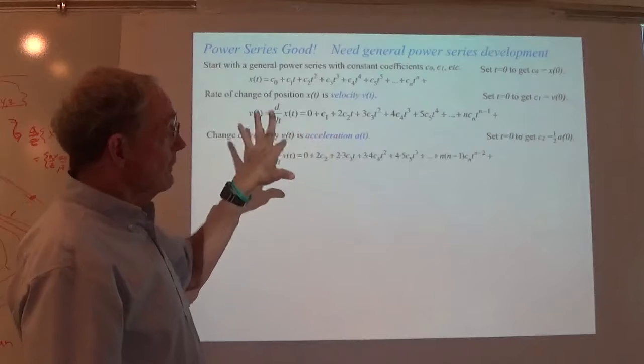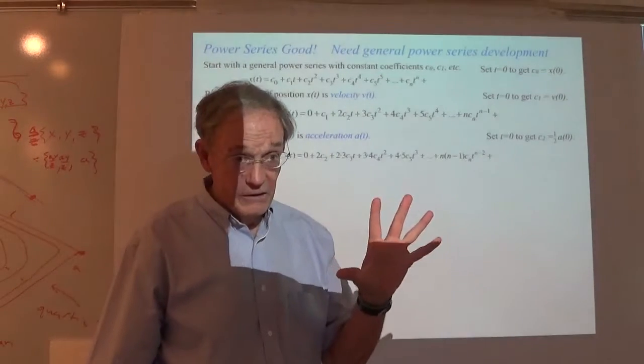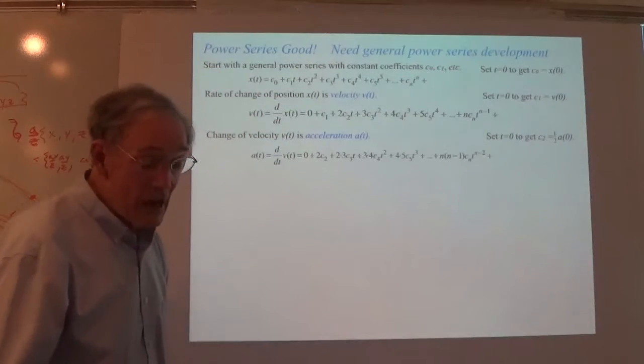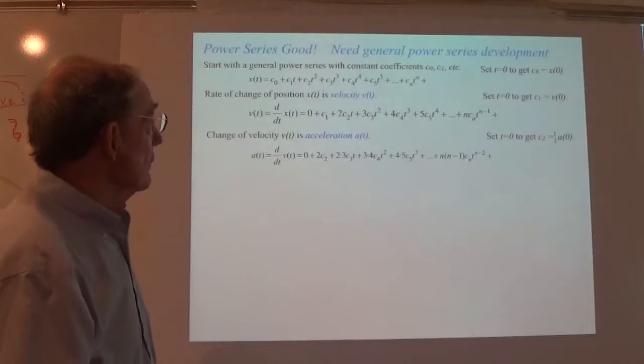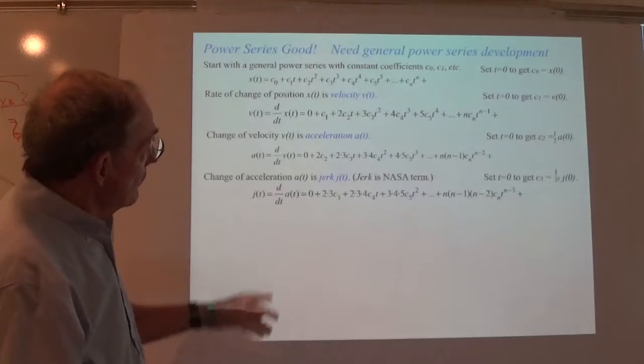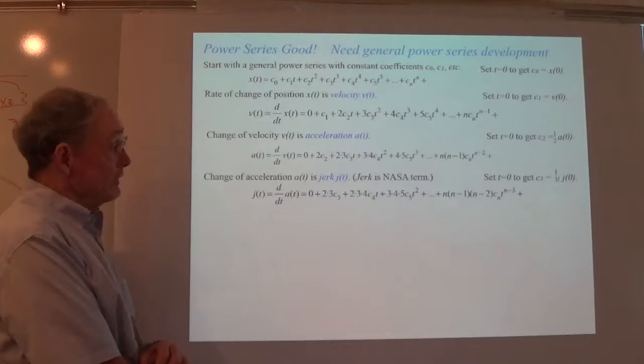We've already been through this with respect to the sines and cosines that go with the oscillator. Okay, so this is for a general power series now. And we're going to marry that to the oscillator, obviously, but that takes some time.